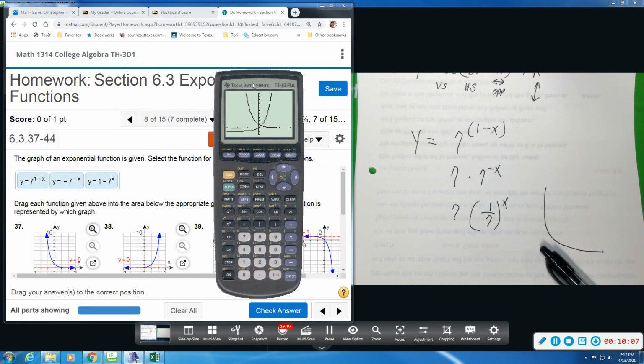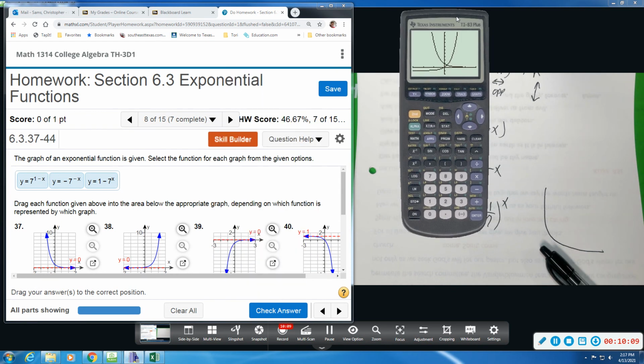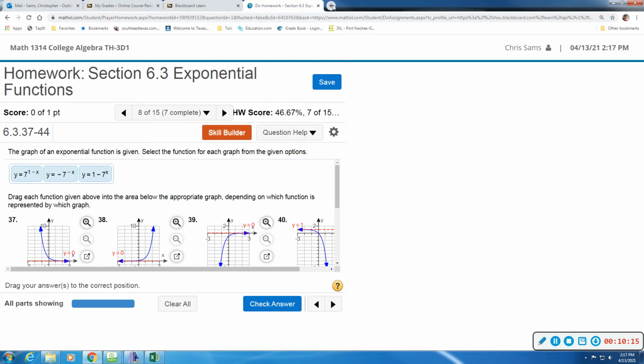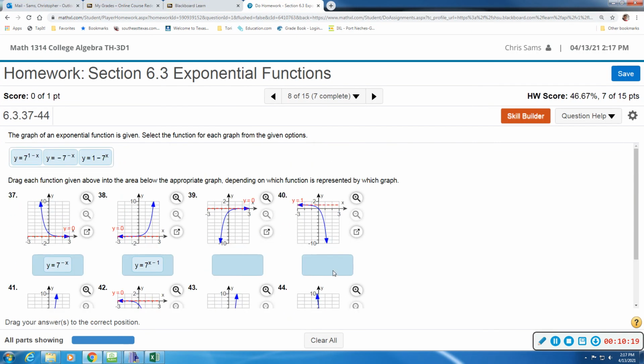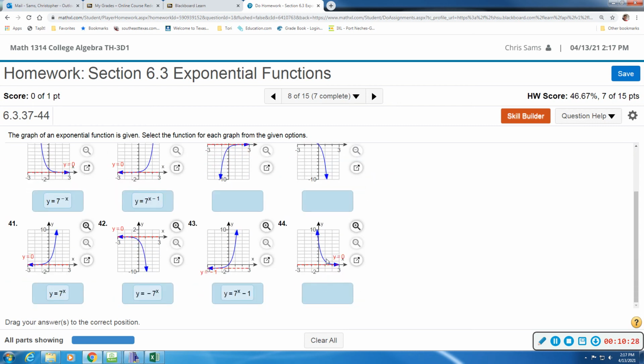So based on that, out of the options that we have left, we have one that's doing decay, and the other two have been flipped. Our negative x flips it across the y, not the x, so it makes it look like decay. So I would match 44 with that one.